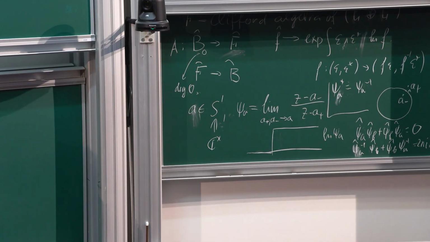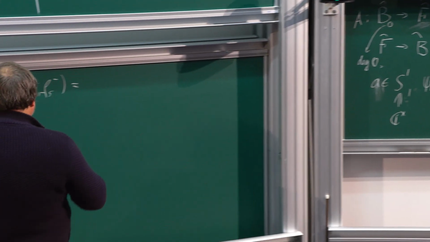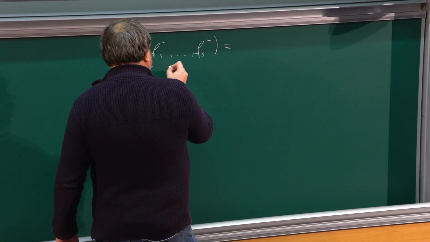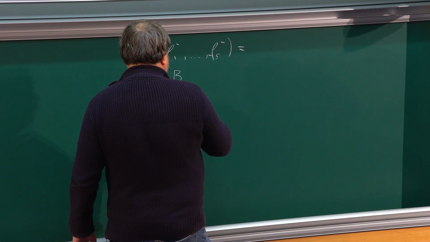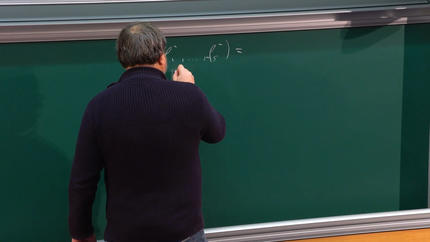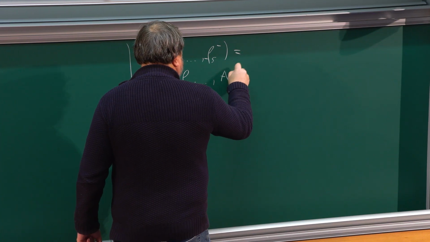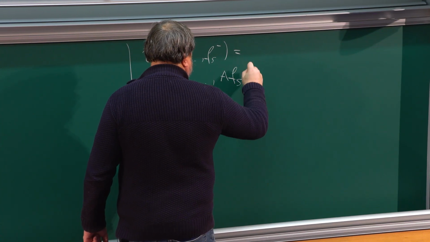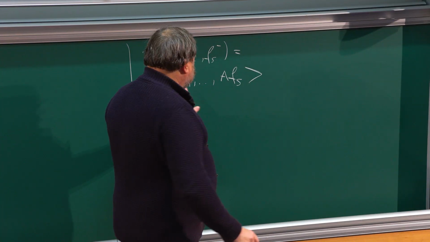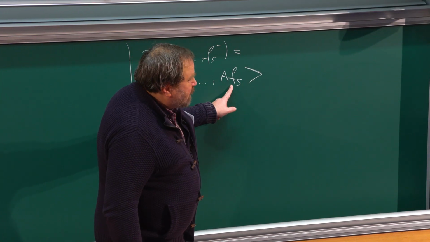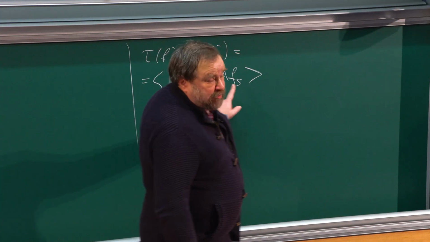So you take the bracket of A of F1, A of Fs, and this expression will be the expression in terms of Clifford algebra.